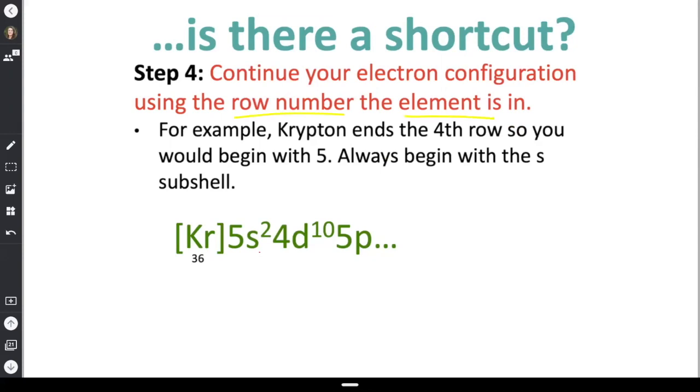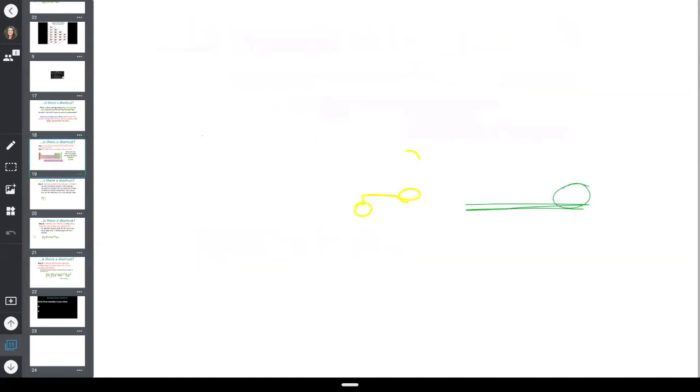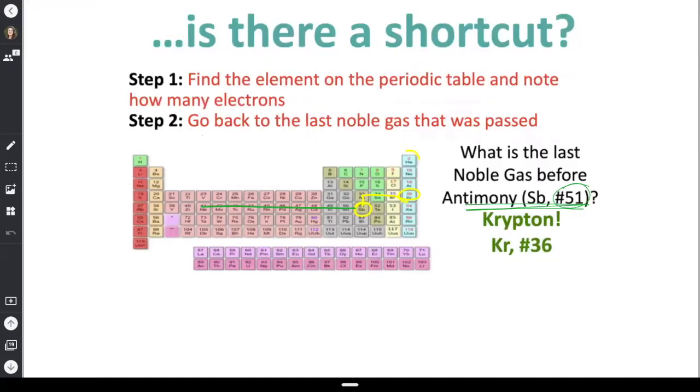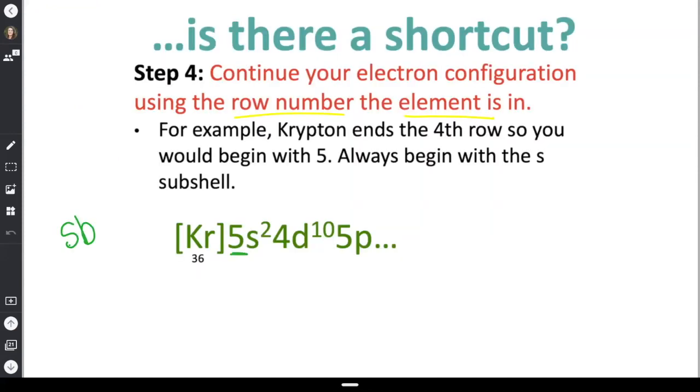Again, we're looking at antimony, which is Sb. If you look at your periodic table, Sb is in row 5. Go over here: 1, 2, 3, 4, 5. Row 5. So we start off that abbreviation with 5.